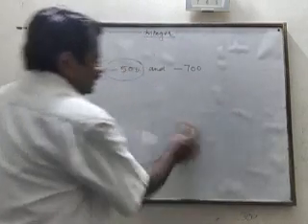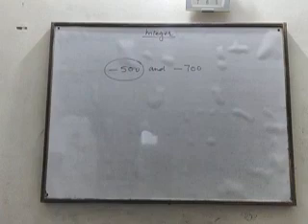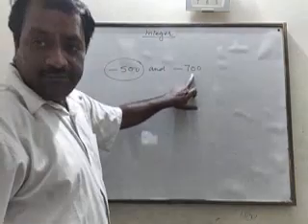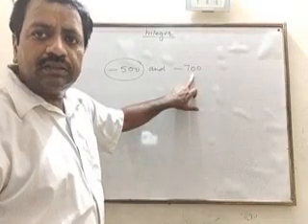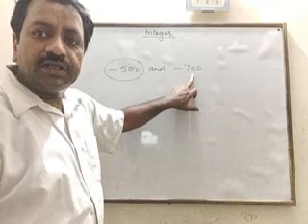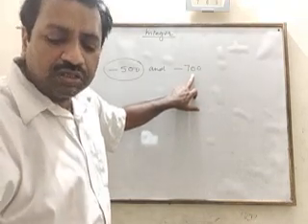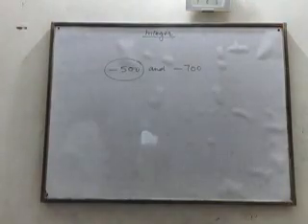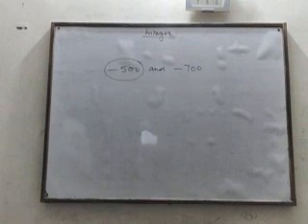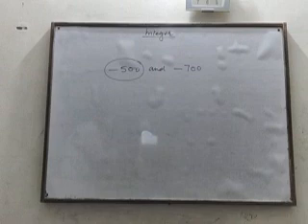You can remember like this also: the number greater in negative is actually the smaller one.